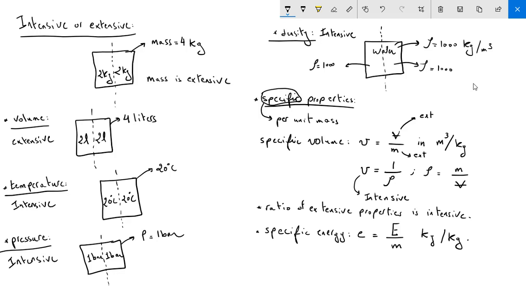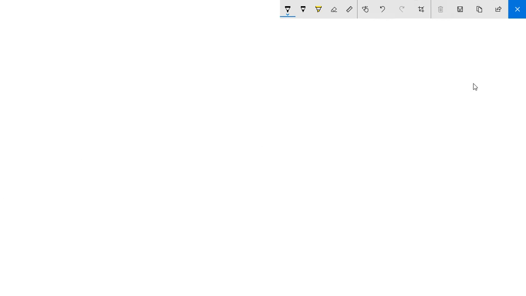So now we will move to the definition of a state. The word state in thermodynamics refers to the condition of a system described by its properties.